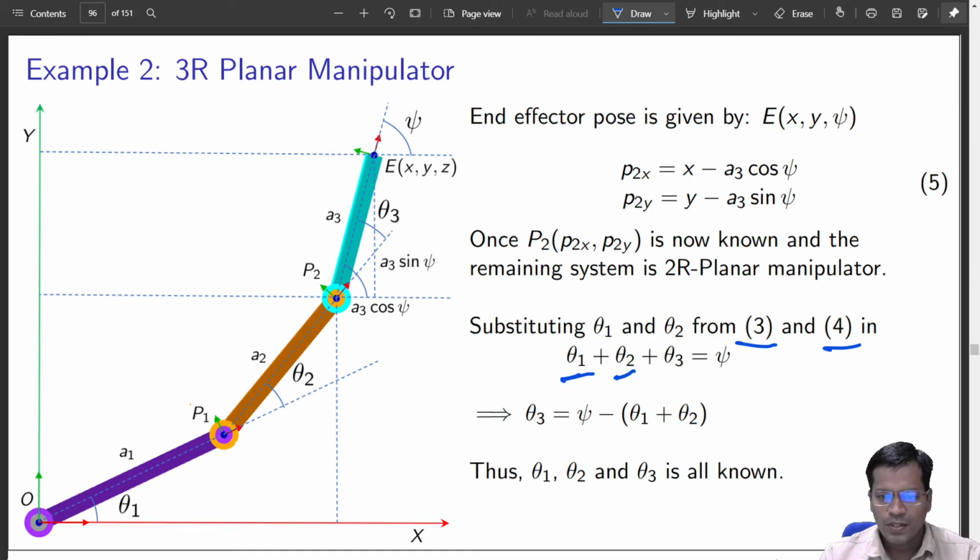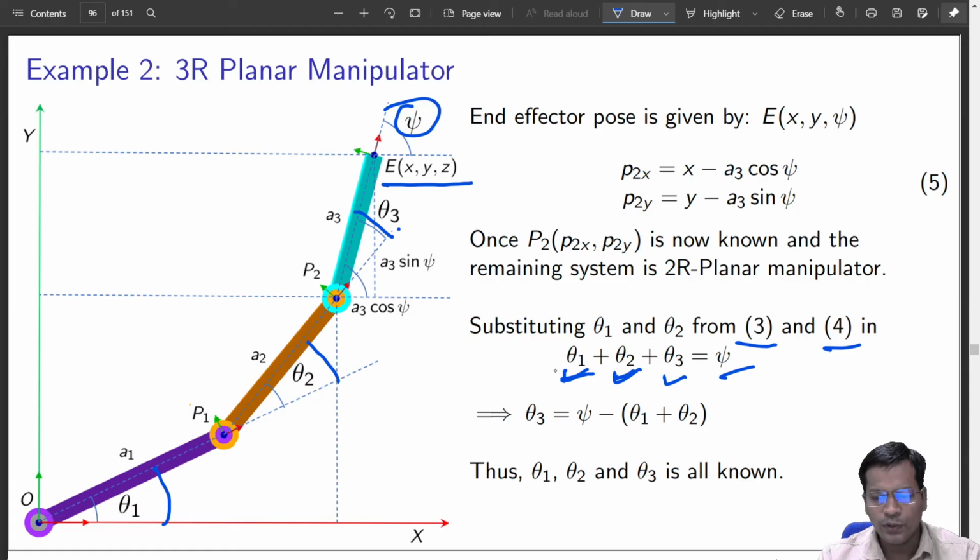Now, how much is psi? So you have moved by an angle theta 1, again theta 2, again theta 3. That makes end effector pose as psi. That is psi is equal to theta 1 plus theta 2 plus theta 3. Is it not?